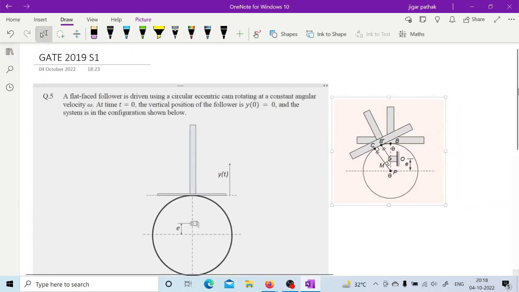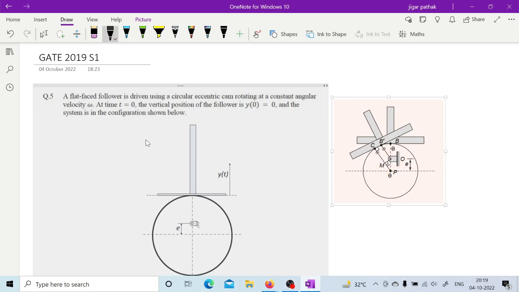So here, in this GATE 2019 session 1, a flat-faced follower is driven using a circular eccentric cam rotating at a constant angular velocity omega. At time t equal to 0, the vertical position of the follower is y0 equal to 0, and the system is in the configuration shown below.